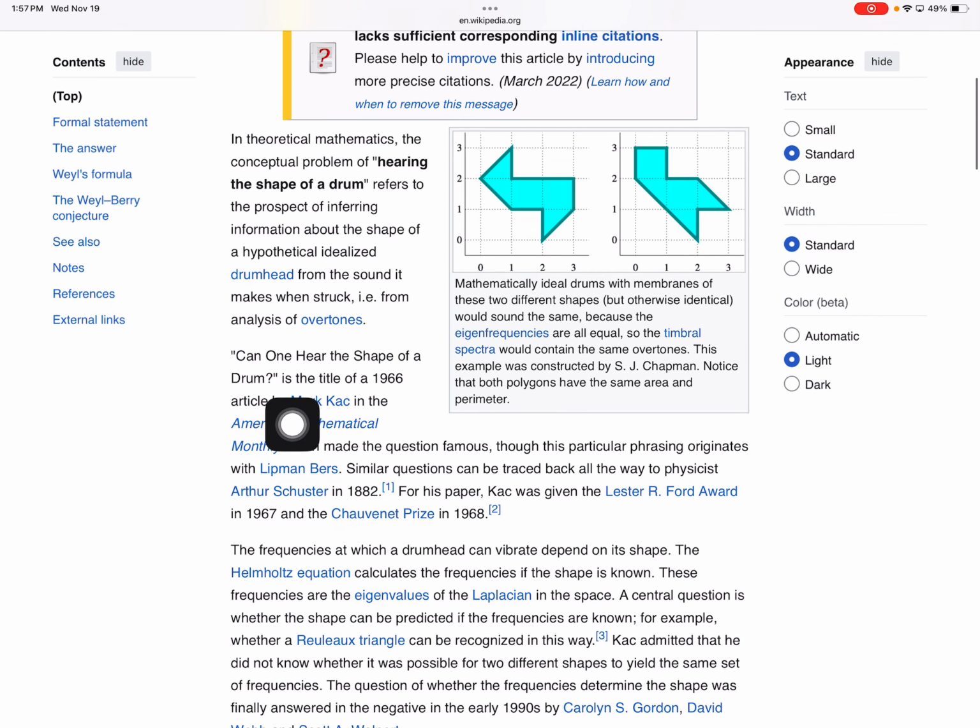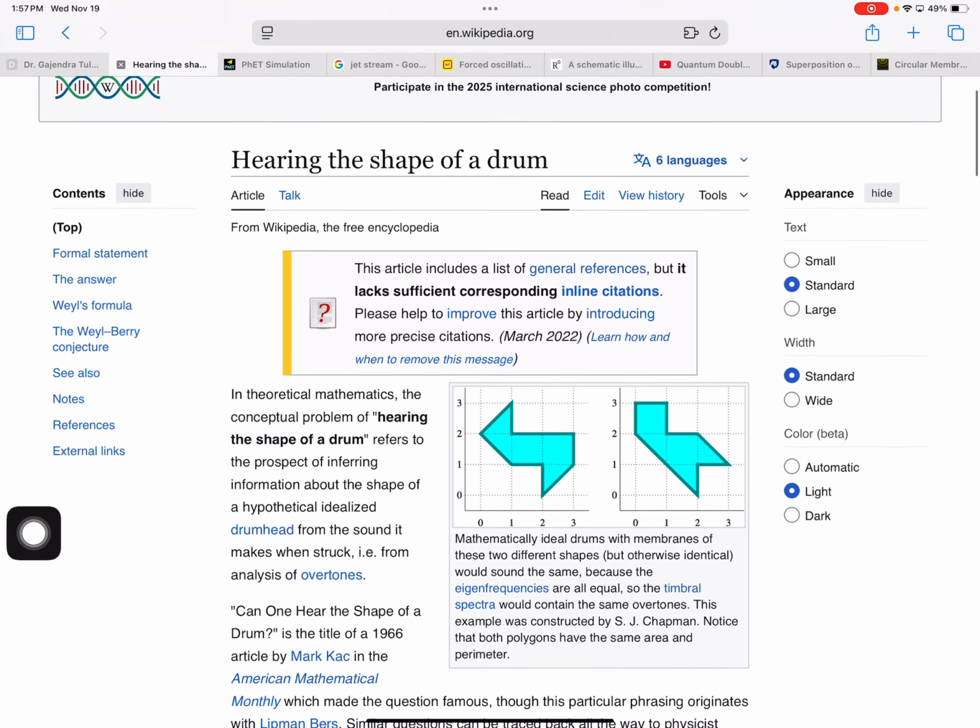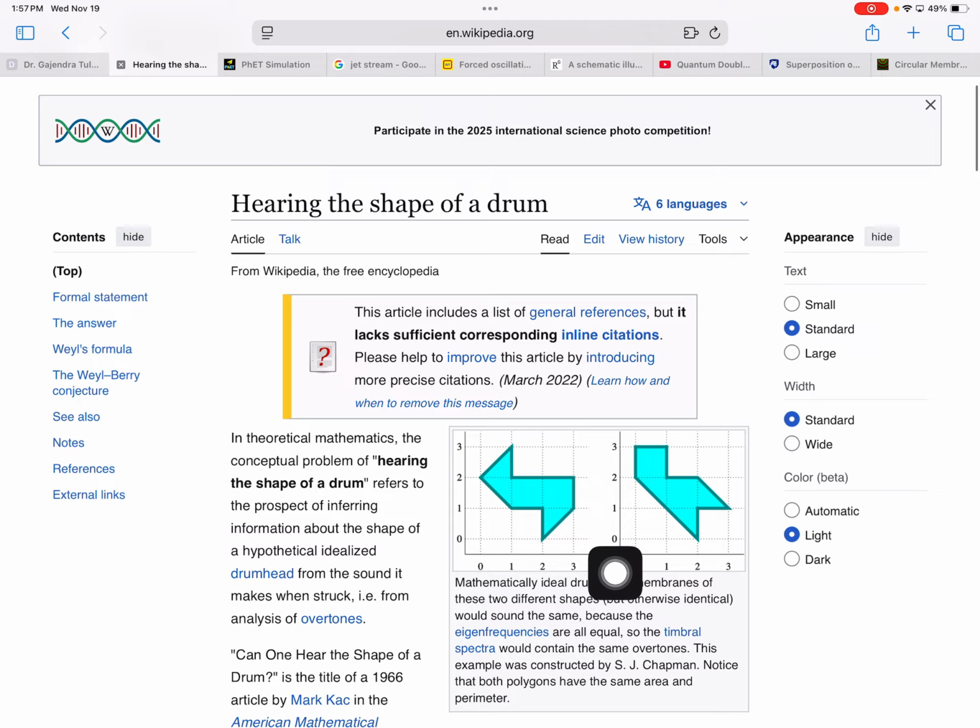Mark Kac, he was a very famous mathematician. Anyway, eventually it was solved. It turns out that these two drum heads produce the same frequencies. You can't tell which drum head it is. And what is true of these two drum heads is their area is the same and their perimeter is the same.